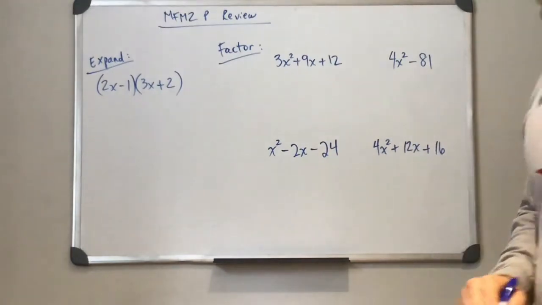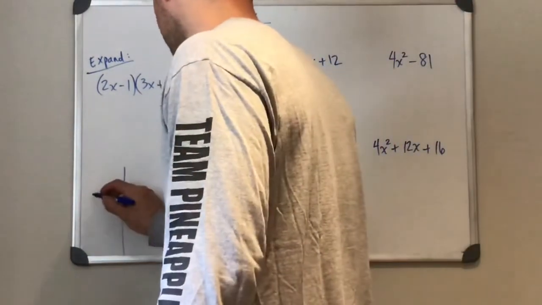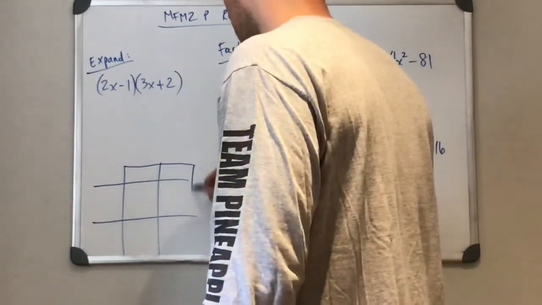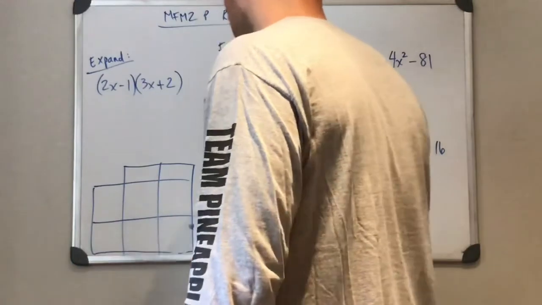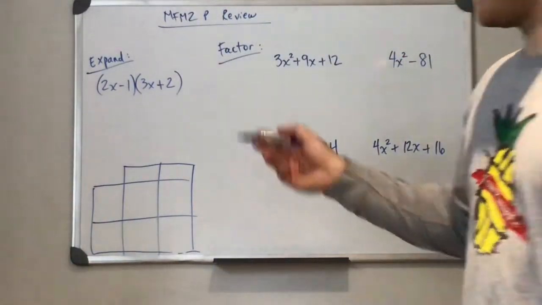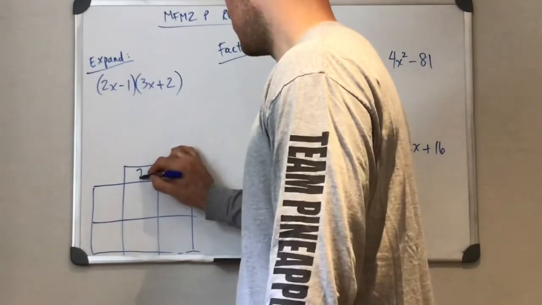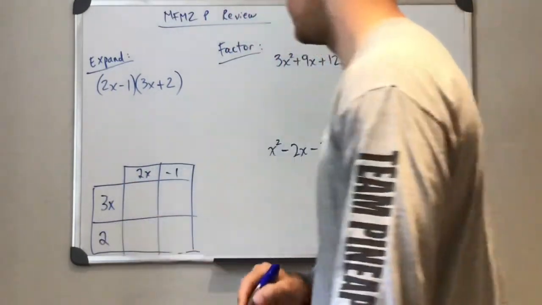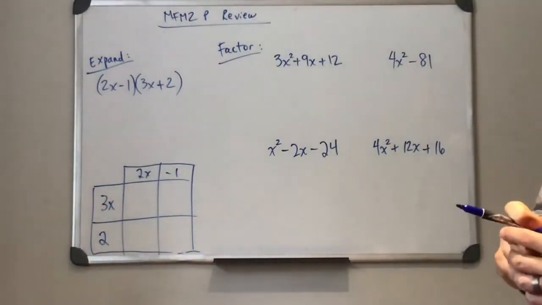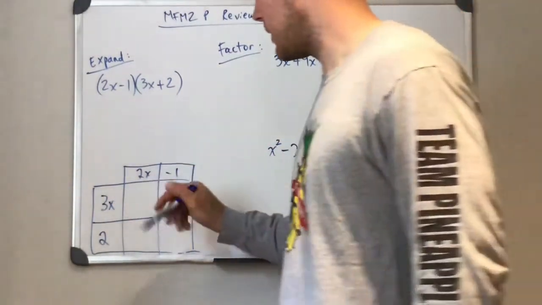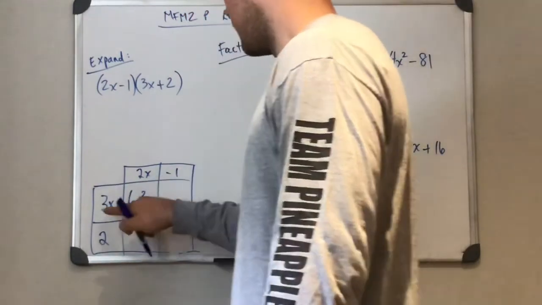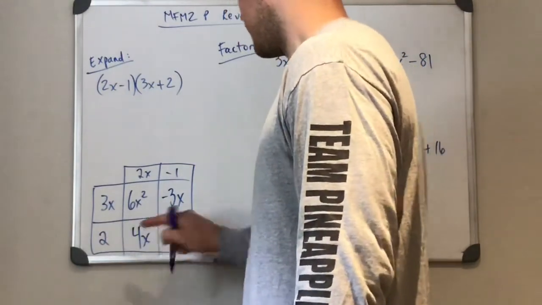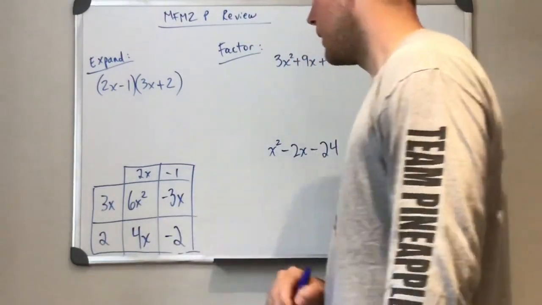For expanding, we had two different methods. The first that I want you to learn was our chart method. I'm going to put 2x and minus 1, and then 3x and 2. Now it's kind of like a multiplication table. 3x and 2x is going to be 6x squared. 3x and negative 1 is negative 3x. 2x and 2 is 4x. 2 and negative 1 is negative 2.